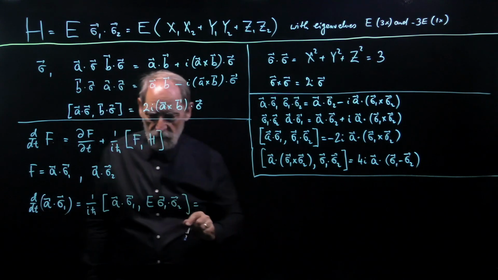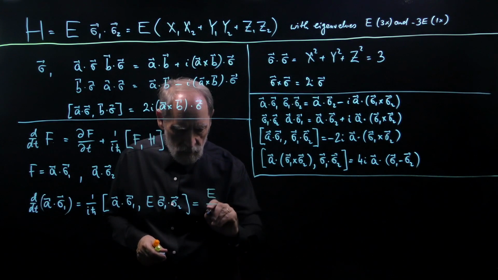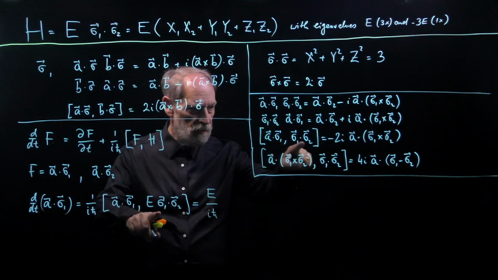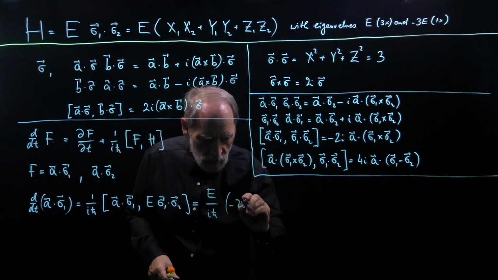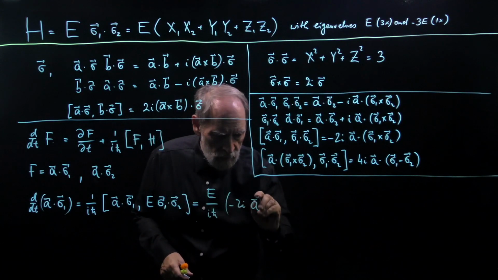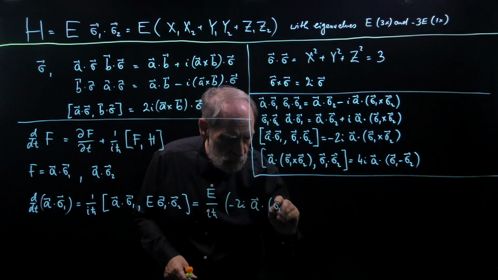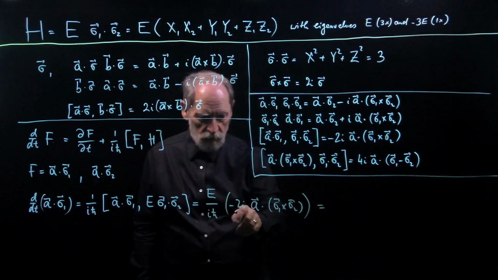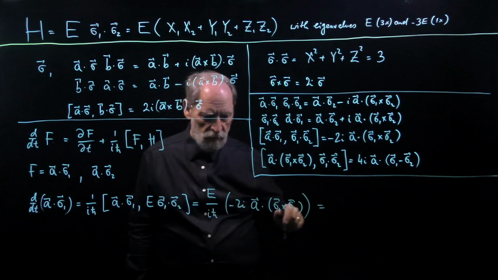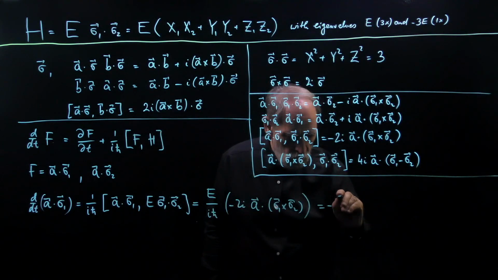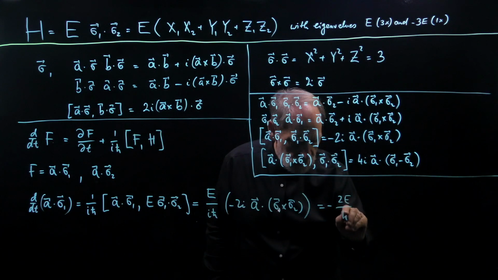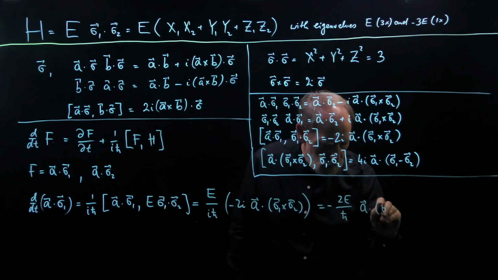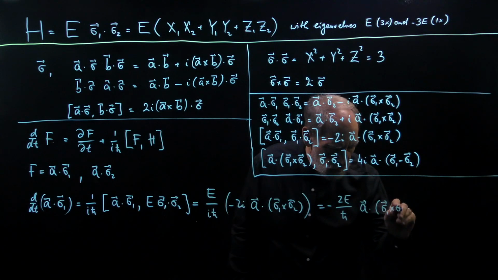And so what is that? Well, the e comes out because it's just a number, and then we have the commutator that we have worked out here. So it's negative 2i, and then a dot sigma 1 cross sigma 2. So the i cancels, and we have negative 2e divided by h bar, and then a dot sigma 1 cross sigma 2.